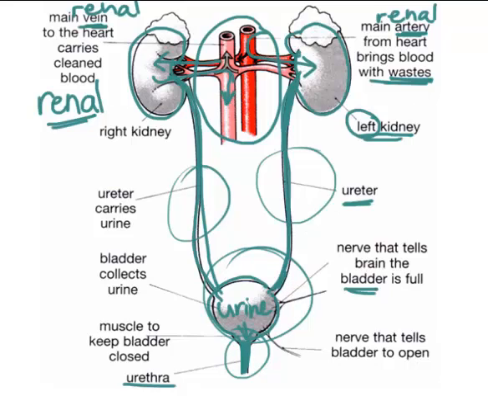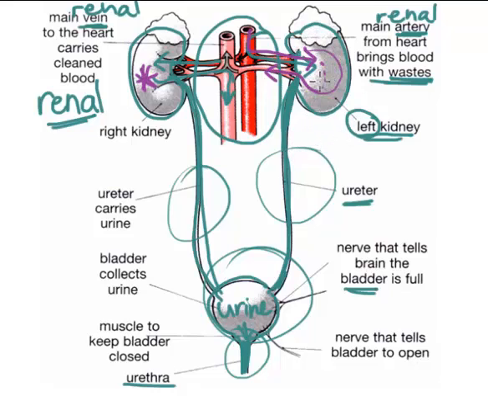Urine is constantly processed by the kidneys. There's a constant production of urine in the kidneys. This is because there is a constant flow of blood carrying wastes through the kidneys where it is filtered and then the purified blood returned back to the circulatory system.